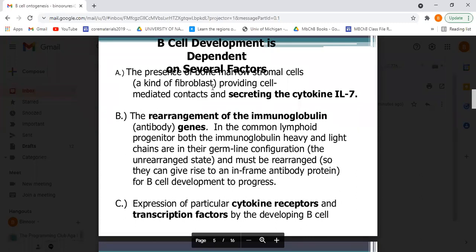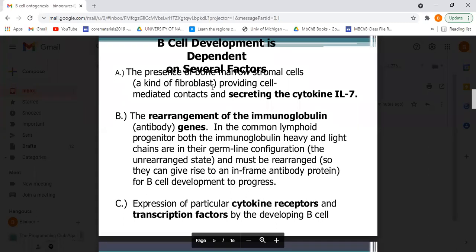I give this example: if you look at bricks, you can have different shapes in terms of rearrangement to bring out certain shapes. That is synonymous with what I'm talking about, the rearrangement of the immunoglobulin genes. This happens in the pro-B stage, and this is where these genes begin to rearrange.